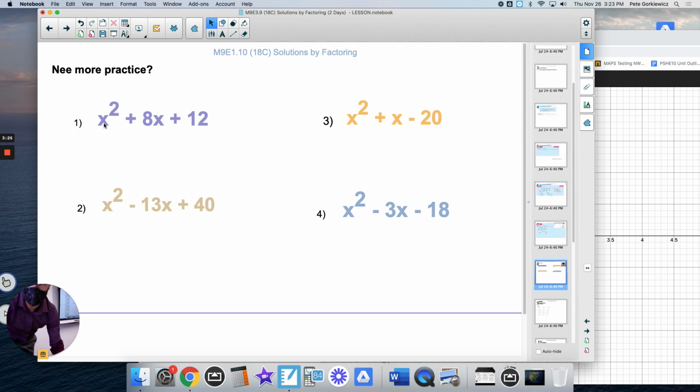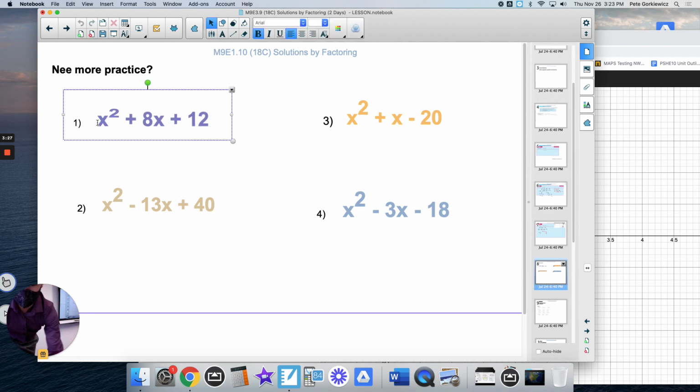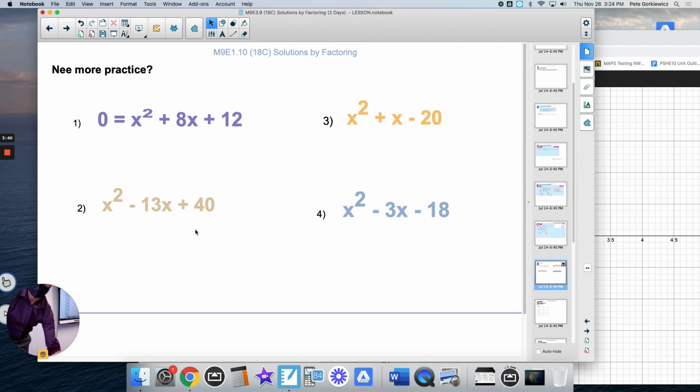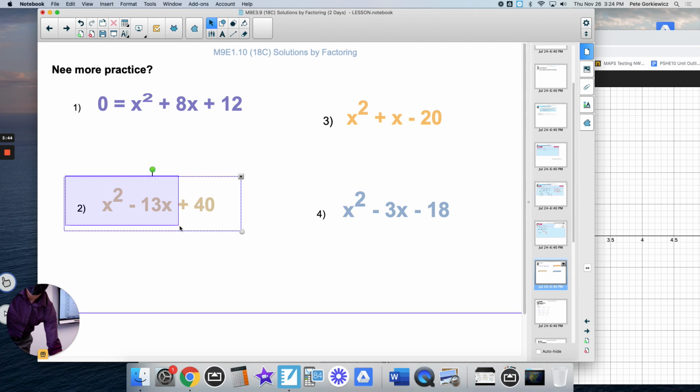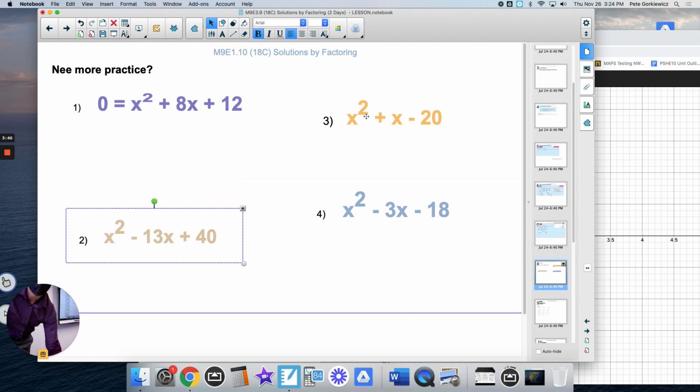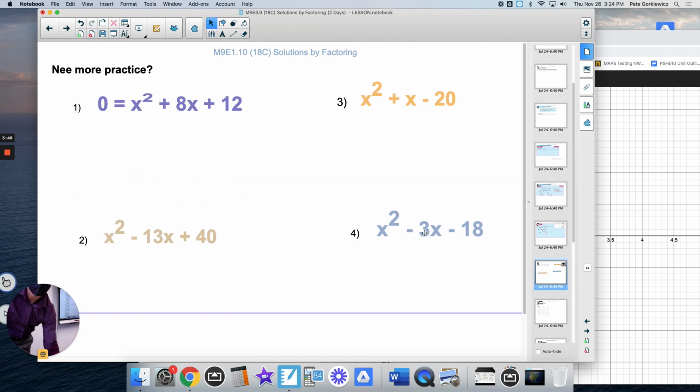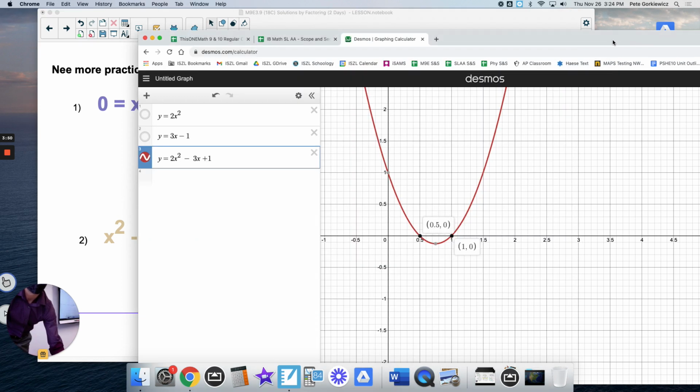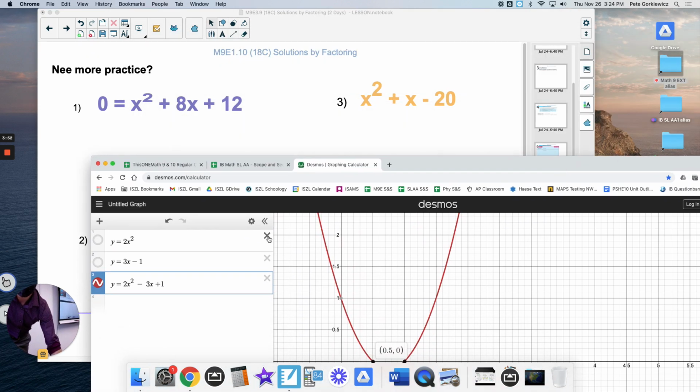Try to solve me these last 4. Give me y equals, or 0 equals. When do these hit the 0? So you can think of all of them like that. Do number 1. Then do number 2.